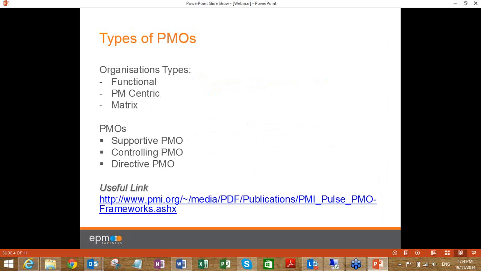So I guess we all appreciate that, from a project, portfolio, and program management perspective, an organization could be either functional, project management centric, or a matrix organization.